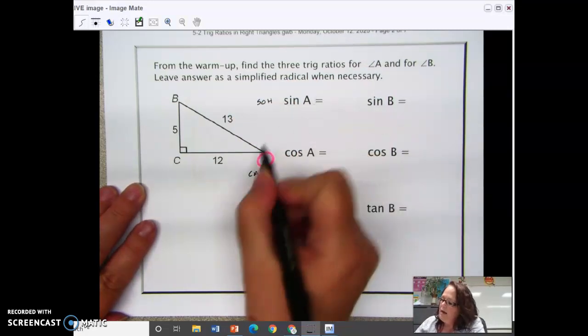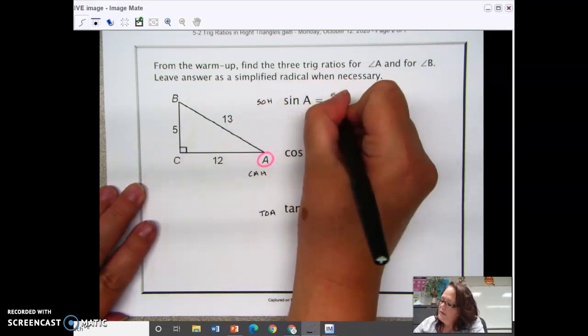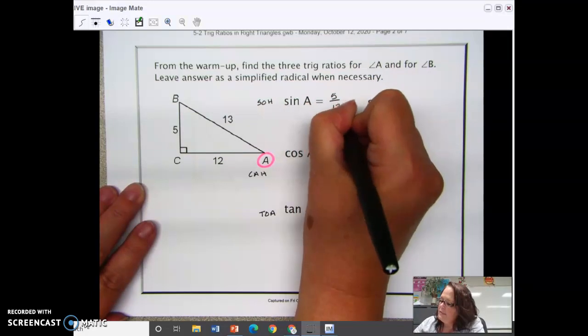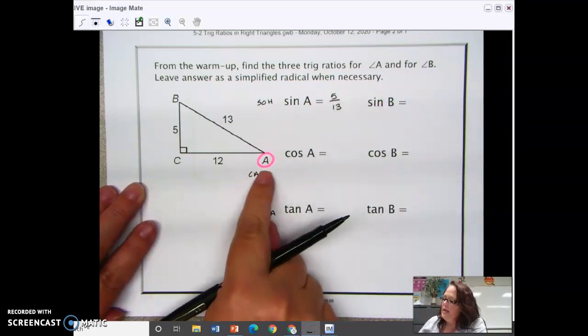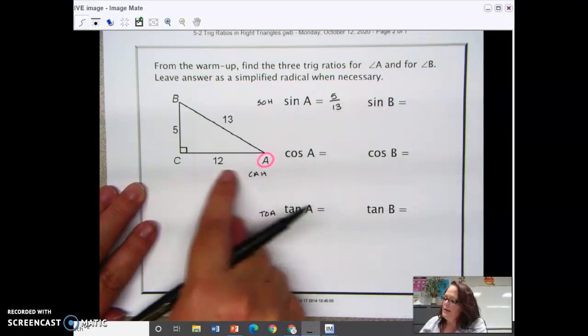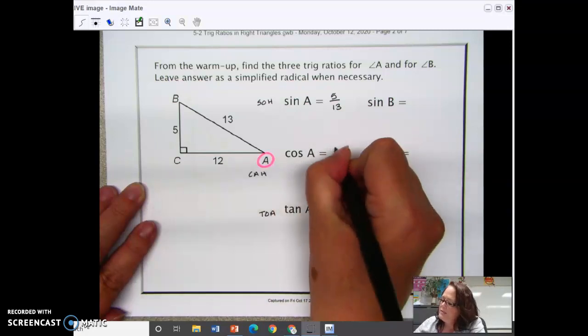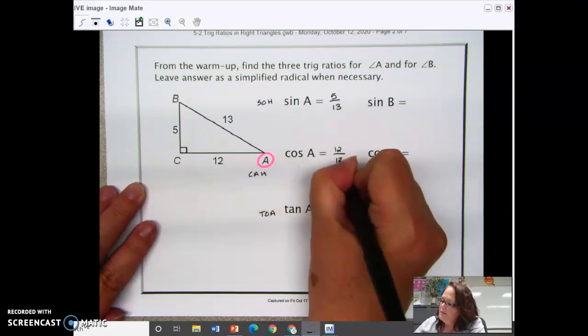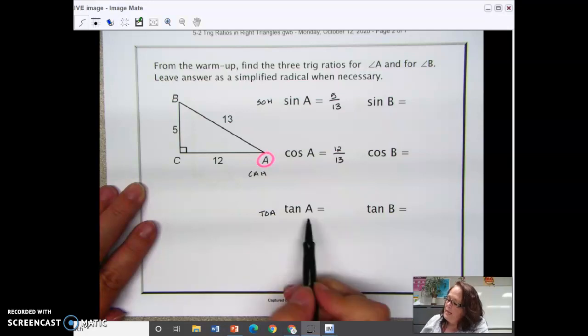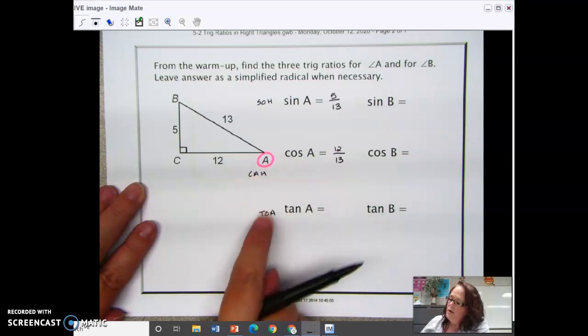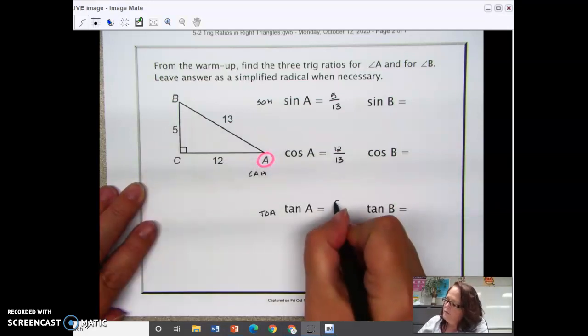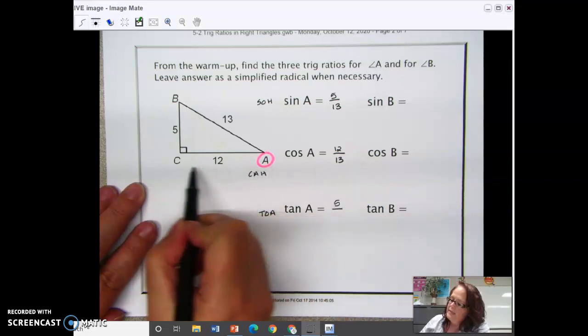So for sine, the opposite of A is 5, and the hypotenuse is 13. For cosine, the side connecting A to the right angle, that's my adjacent, that's 12, and my hypotenuse is 13. And then for tangent, that's TOA, so opposite, which is 5, over adjacent, which connects it to the right angle, which is 12.